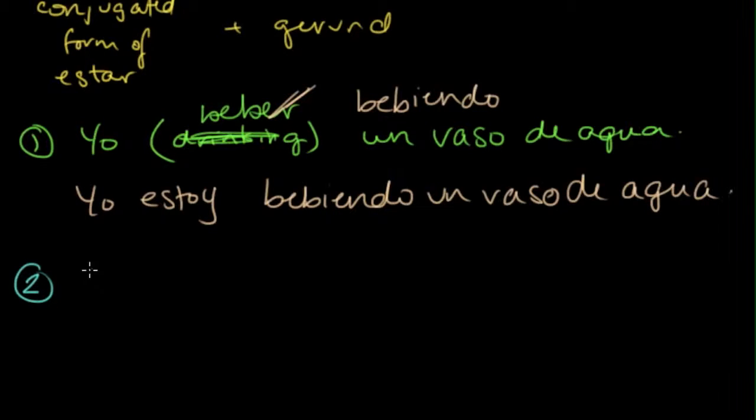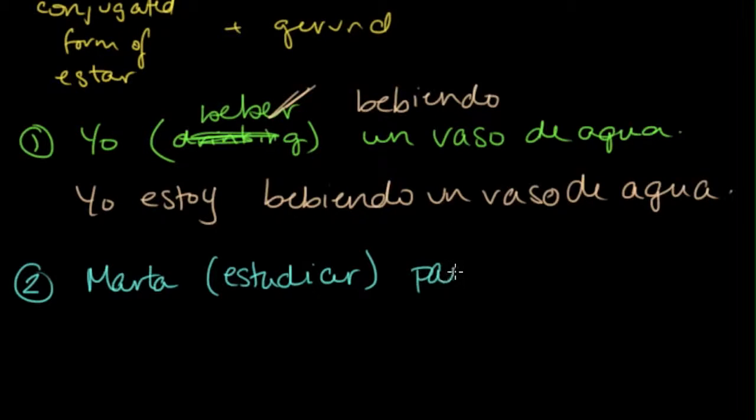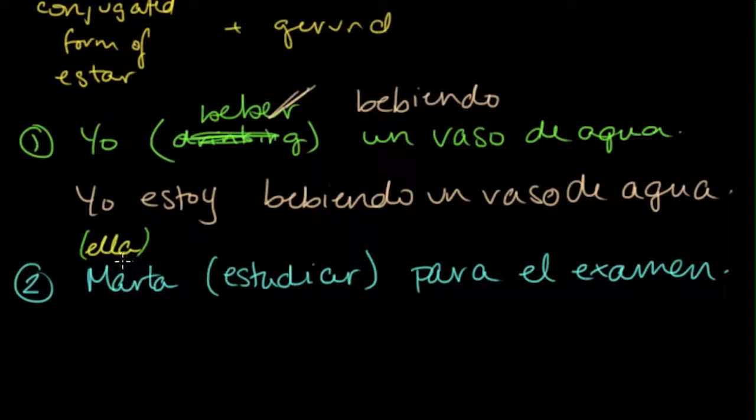Number 2, Marta. Right now, she is studying for the big test. Marta, studying, test. Alright, so what we have to do is first turn Marta into a subject pronoun. And you probably can guess that will be ella right away. So this is our subject pronoun. We'll just put that in parentheses so we know that the right conjugation of estar is está.